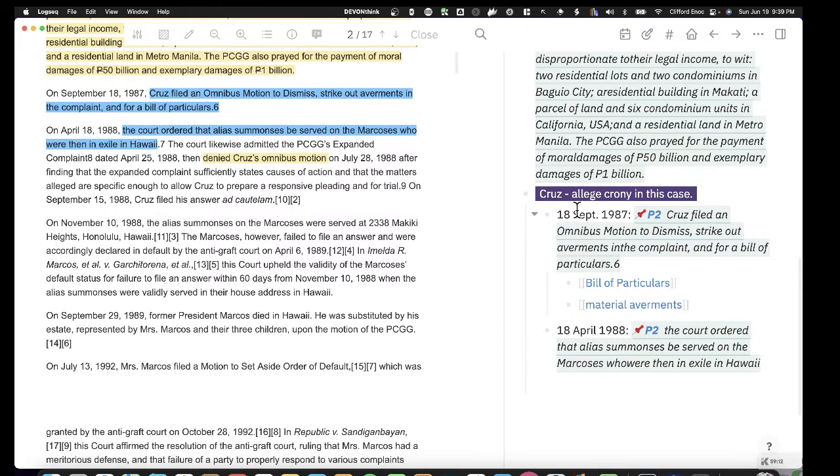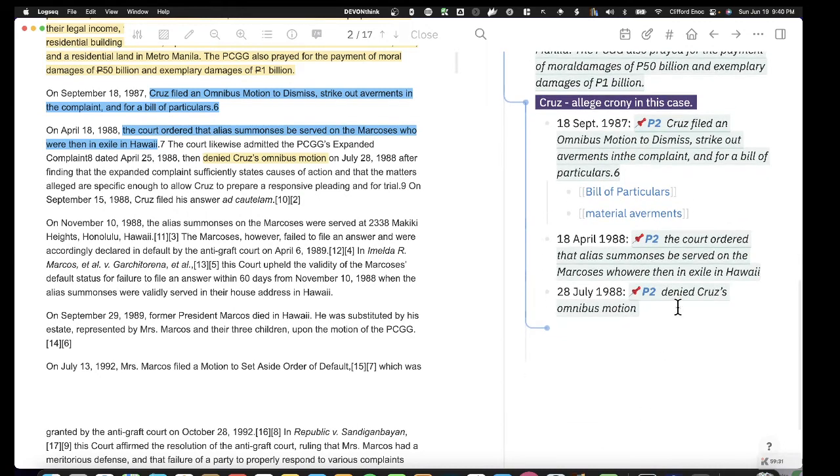So, ito siya. And then, na-denied was July 28, 1988. Yan.